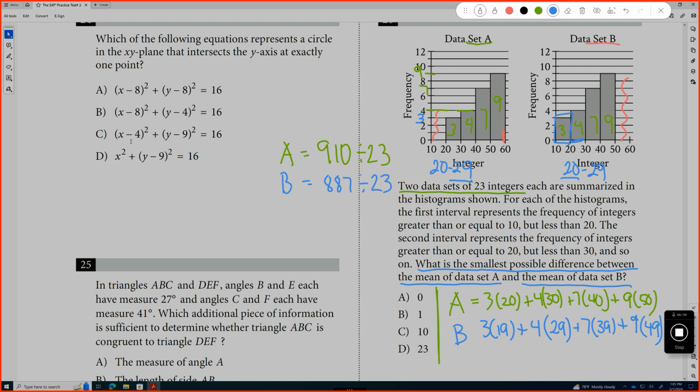Or we can use the distributive property of division. This is 910 minus, because it's a difference, right? Difference is to subtract.